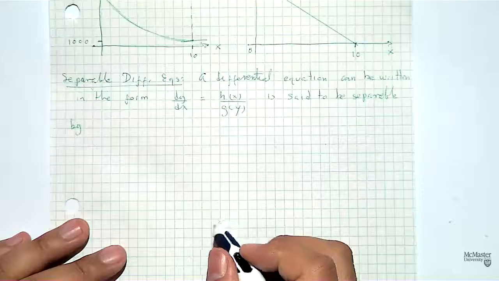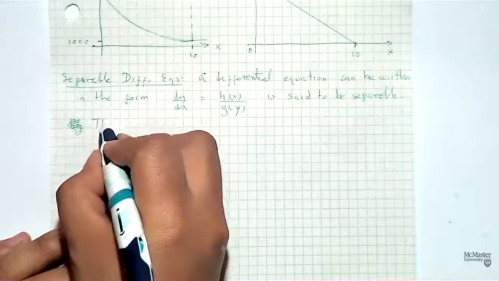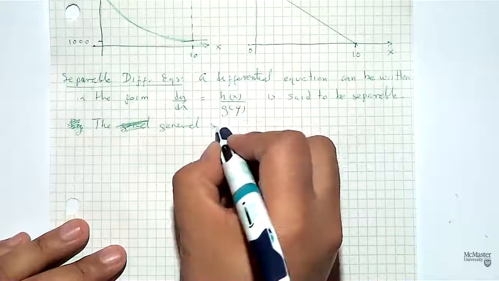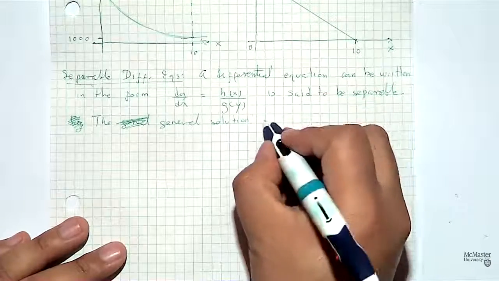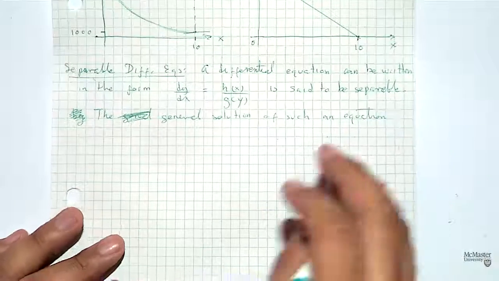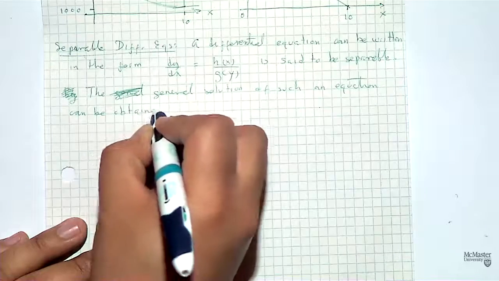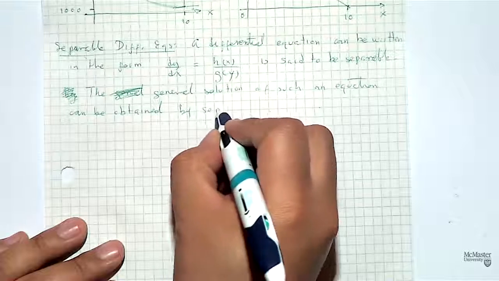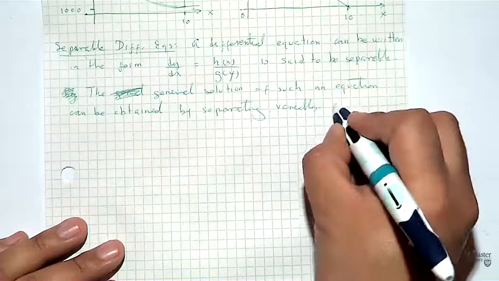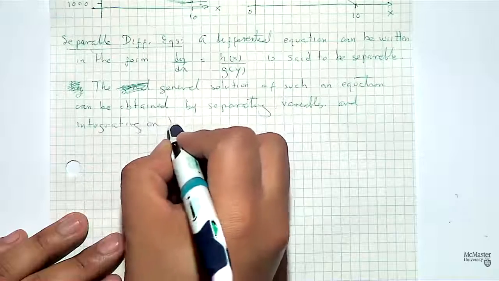If you have an equation of this form, it is separable, and then the general solution of such an equation can be obtained by separating variables and integrating on both sides.